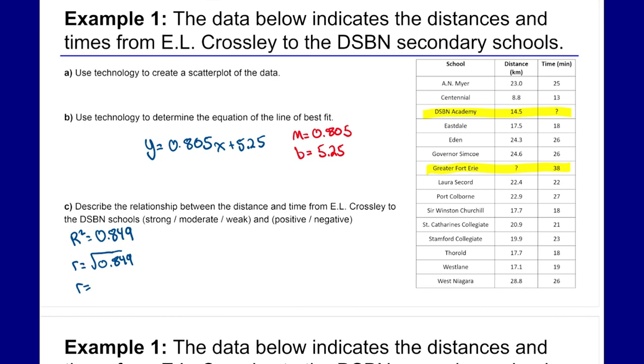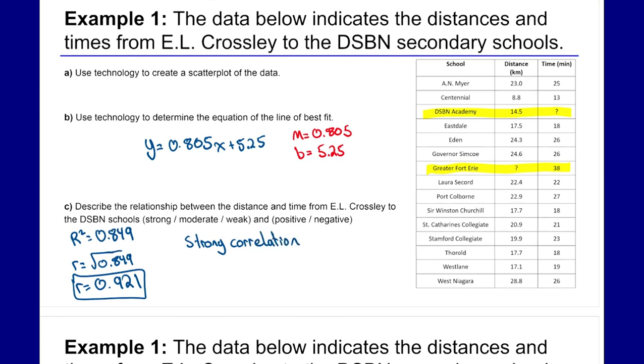We get an R value of 0.921. So with that R value, that tells us two things. One, it tells us that it is a strong correlation. So because of this value here, it's between 0.6 and 1. So this is a strong correlation.